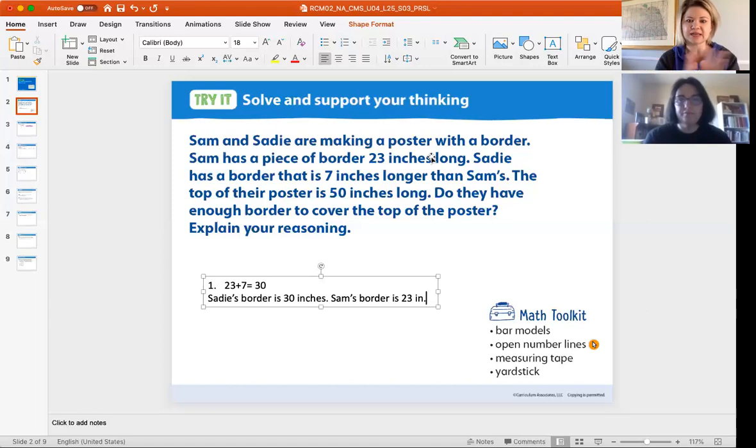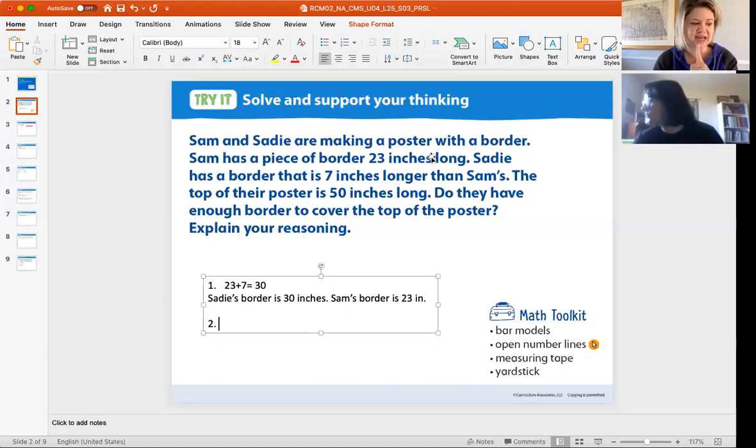So this has set it up nicely for step 2. Now remember, when we do step 2, we always need the answer from step 1. So we can actually start with that if we want, right?